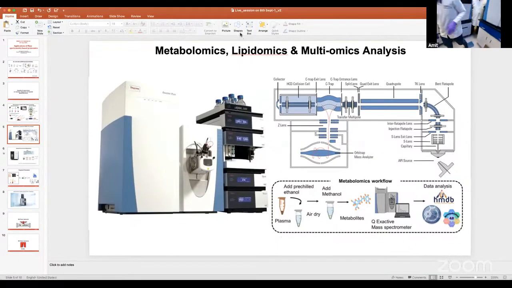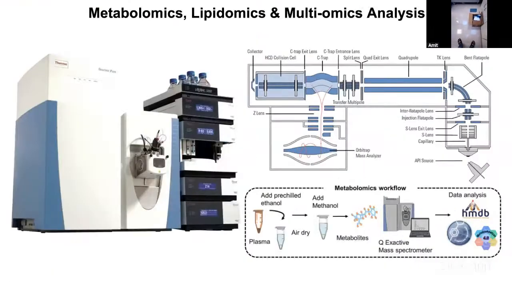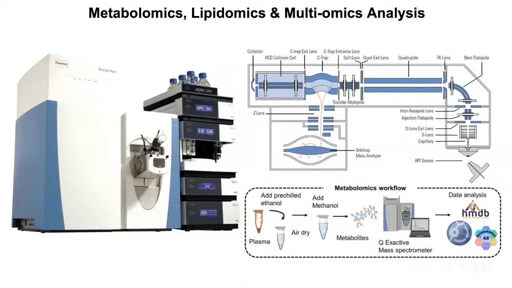All right, thank you, Ankit. It was a good overview of the Orbitrap Fusion. Mass specs can be utilized for different types of omics-based investigation, not only proteomics but also metabolomics or lipidomics. One can utilize the power of these instruments for multi-omics investigation.